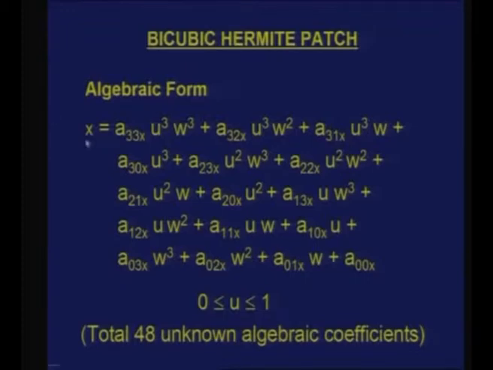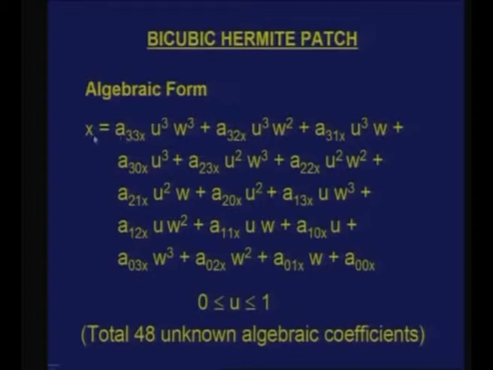Now, if I want to represent x as a function which is cubic in u and w, there are 16 possible terms. Like I have the constant term, u square and u cube term. Similarly, I have constant, w square and w cube. All the combinations of these lead to 16 unknown coefficients.